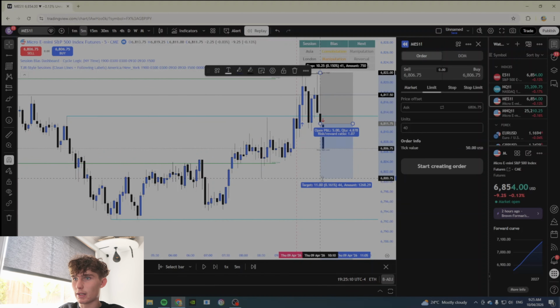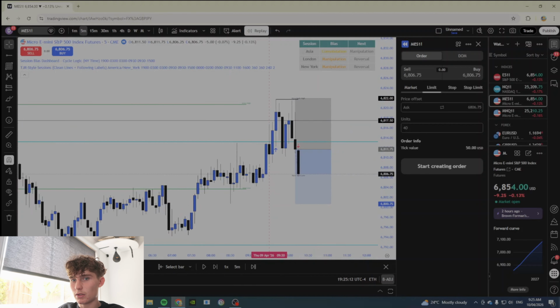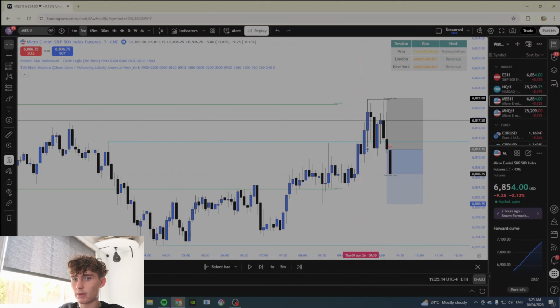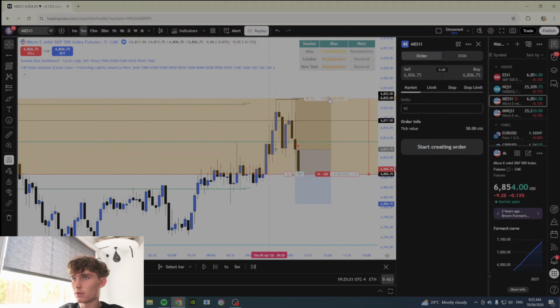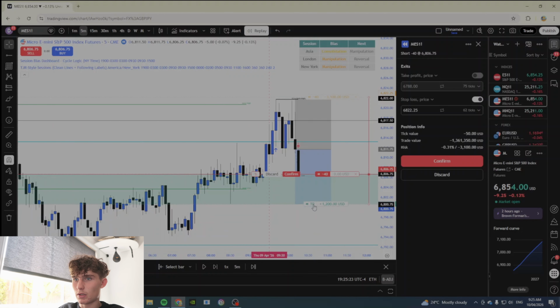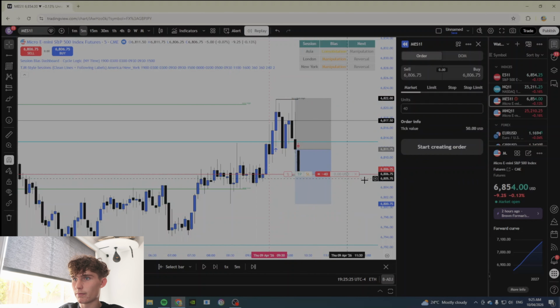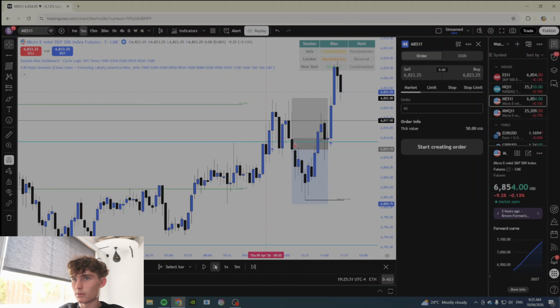And then target these 5-minute lows, which I believe does end up happening. And target these lows. Oh, I was wrong.